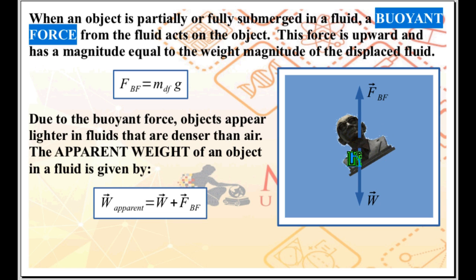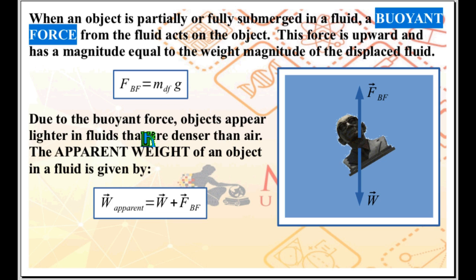And due to the volume of the object, the same volume of fluid will be displaced by the object. The buoyant force magnitude is equal to the weight magnitude of that displaced fluid. F_BF magnitude is equal to M_DF times g. M_DF, mass of the displaced fluid.